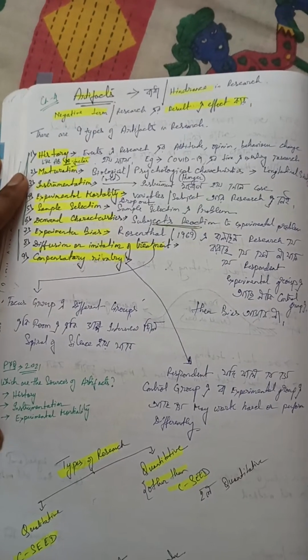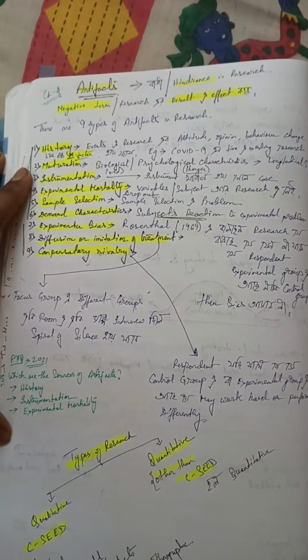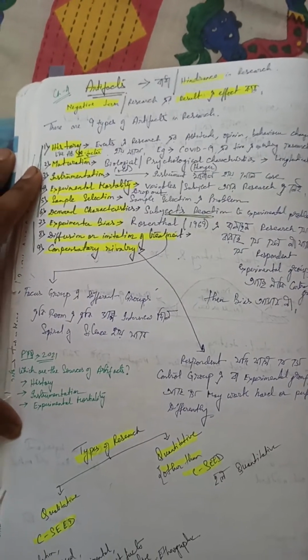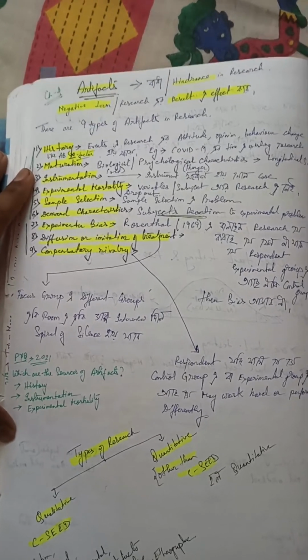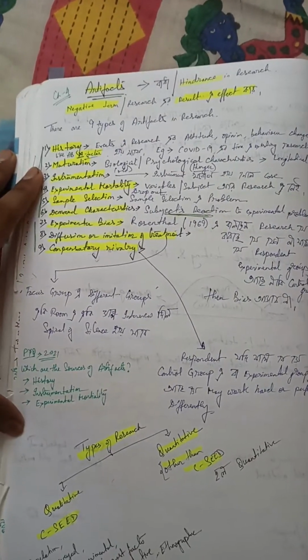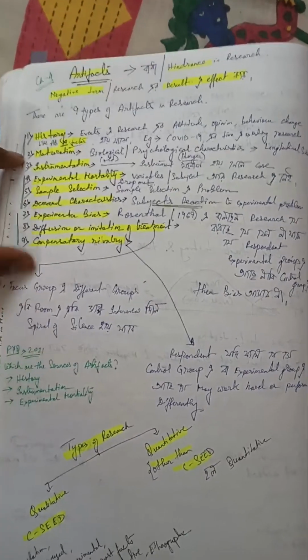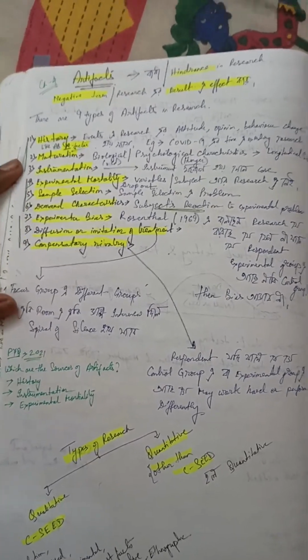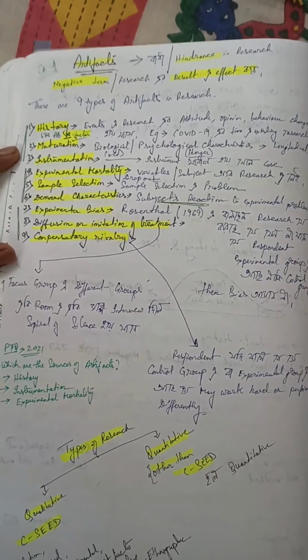Suppose I am conducting a research for class 5 level students. In a longitudinal study, the cognitive development of class 5 students will certainly mature, the thinking procedure will get matured. So this is also a hindrance. All these 9 parts are hindrances in research, problems in research, negative aspects in research.